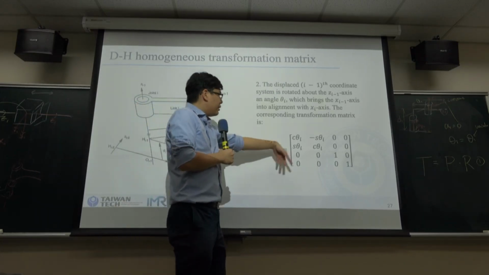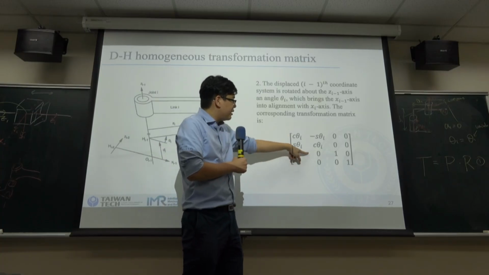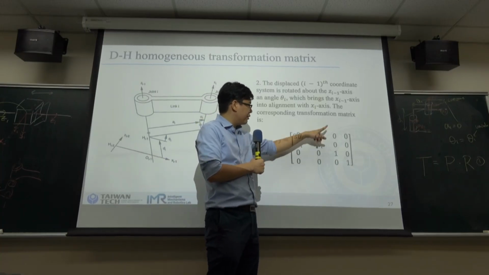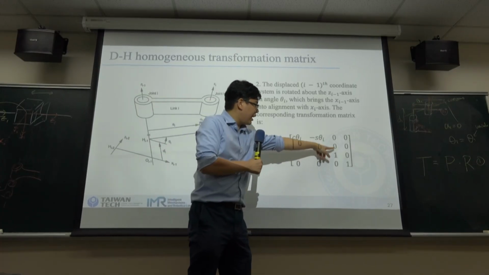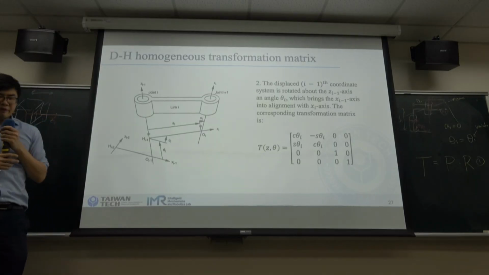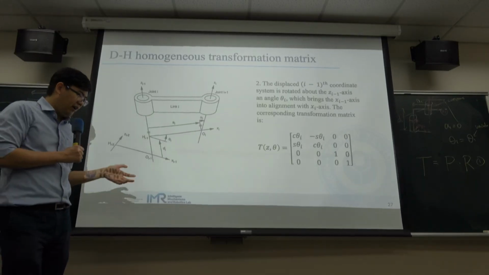So we know from last week that the rotation about the z-axis is cosine, minus sine, 0, sine, cosine, 0, 0, 0, 1. So this is the rotation about the z-axis, if you still remember it from the last week's orientation lecture.